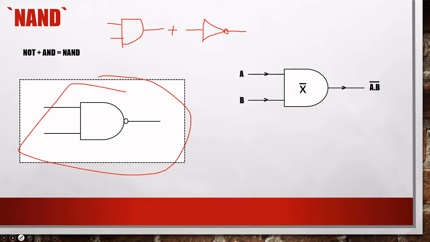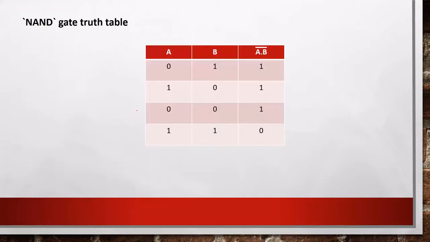Now let's see the truth table of the NAND gate. If you pass 0 as A and 1 as B, you will get the multiplication 0 into 1, which is 0. But since here we are getting the opposite of the AND, you will get the value 1.